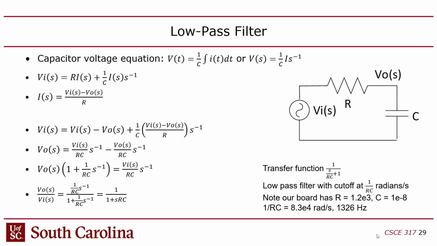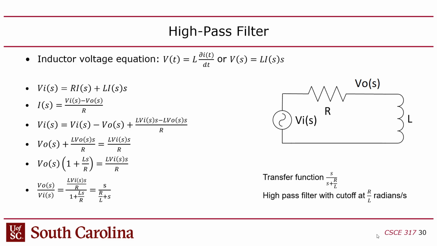He's got a capacitor that is 10 nanofarads, I believe. And if you take 1 over RC, you get a cutoff frequency of 1.3 kilohertz. Okay? So that's why when you do this lab, it's not going to pierce your ears, right? But maybe I might have calculated wrong.